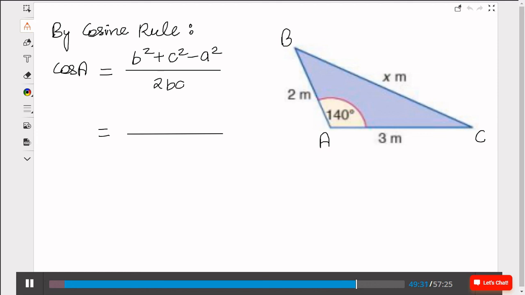That's also easy, there is no problem; we solve them as per the rules. 3, 2, this is angle A, which is 140 degrees. So 9 and 4 are 13. 13 minus x squared over 12. Cos 140, we write the value.